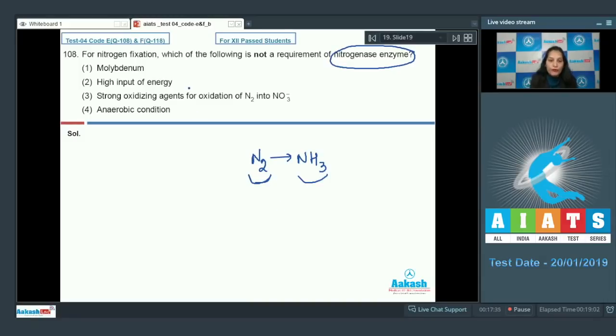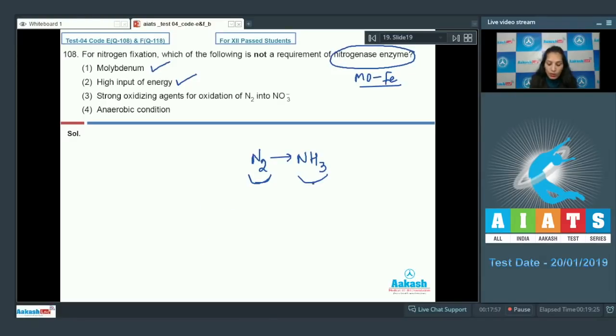So, to fix atmospheric nitrogen, a nitrogenase enzyme requires molybdenum. Yes, because nitrogenase enzyme is a molybdenum iron protein, hence it requires molybdenum. High input of energy, yes, because without ATP consumption, nitrogen fixation cannot take place.